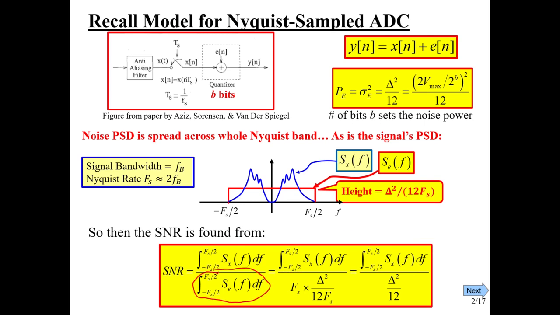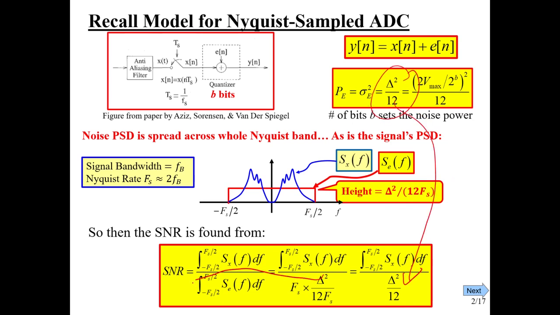We're going to be integrating this rectangle. Well, integrating a rectangle is easy. It's just the area of that rectangle. So it's going to be the height times the width. So there's the height times the width of it. The Fs's cancel. And hey, no surprise, delta squared over 12, just like we expected. So why didn't I just go right to here?